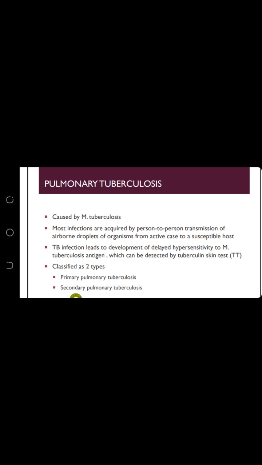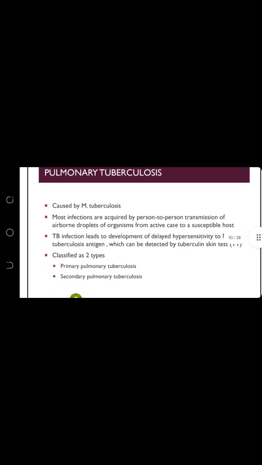Then TB infection leads to the development of a delayed hypersensitivity to the Mycobacterium tuberculosis antigen, which can be detected by the tuberculin skin test, the TST. So the TST is the test used to detect the pathogen that causes pulmonary tuberculosis.